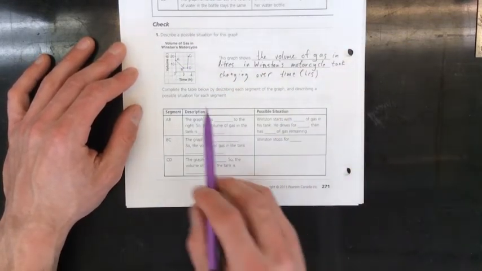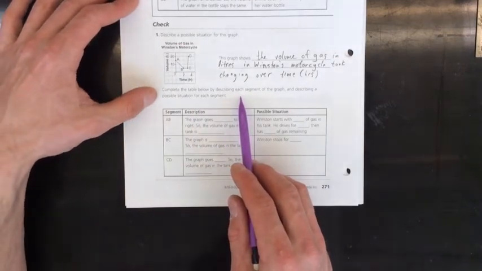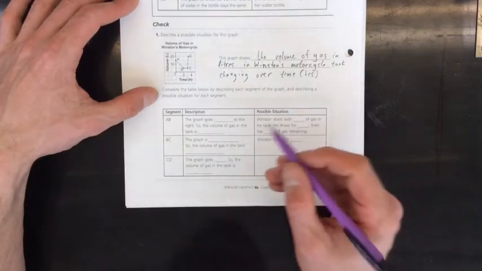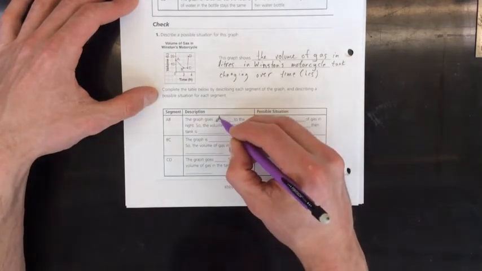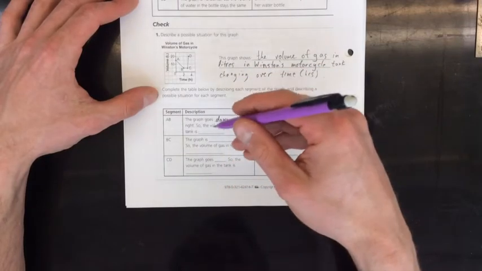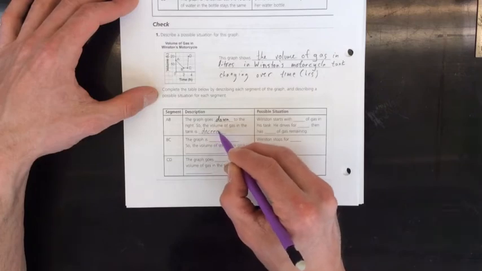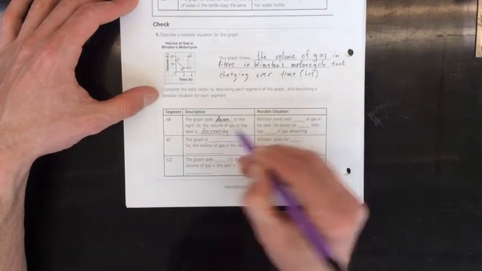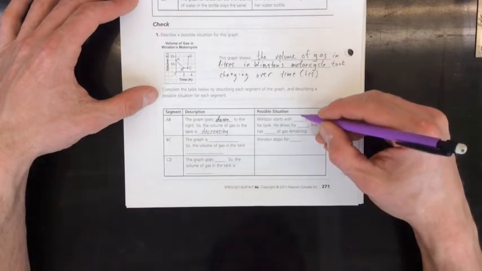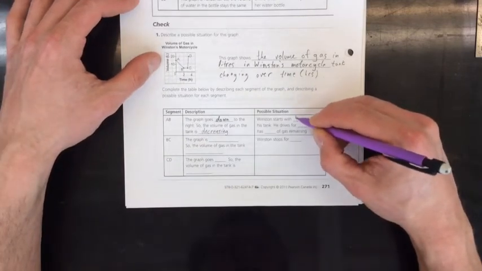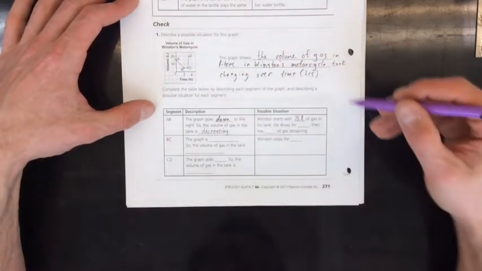So, complete the table below by describing each segment of the graph and describing a possible situation for each segment. The graph goes down and to the right, so the volume of gas in the tank is decreasing as the line goes down. Winston starts with 15 liters of gas in his tank, right here.